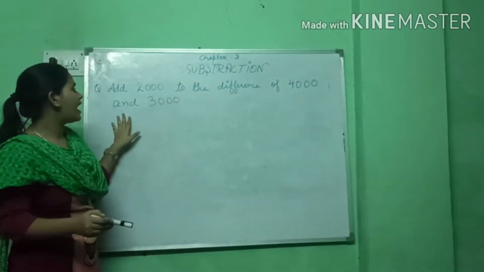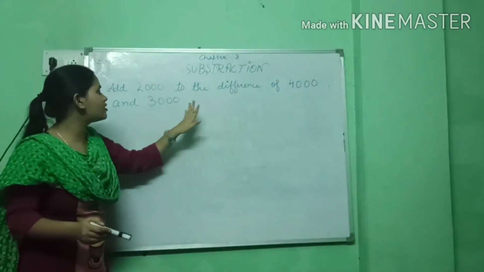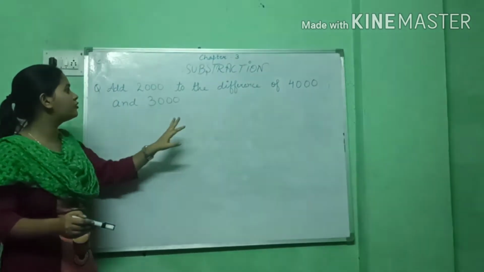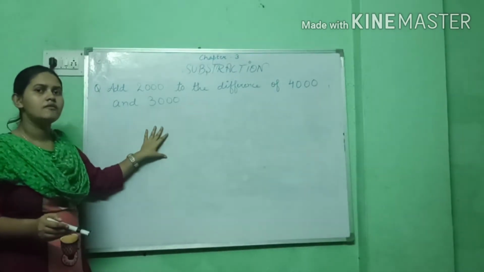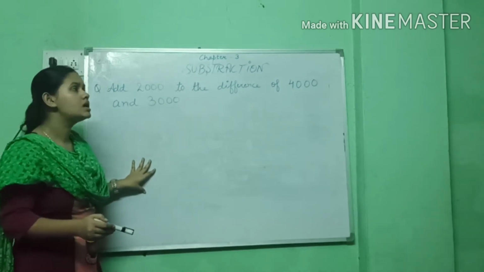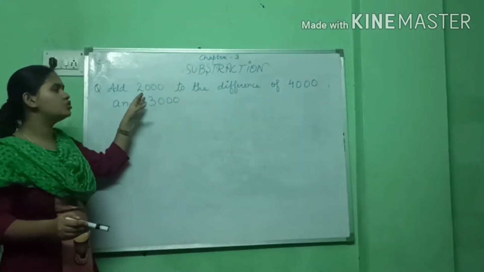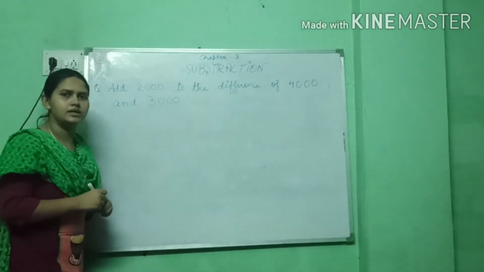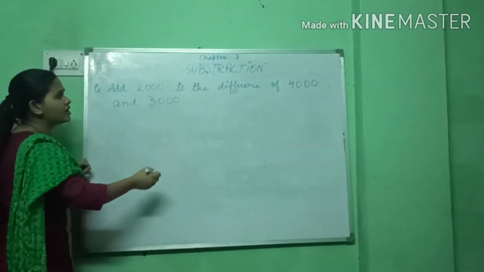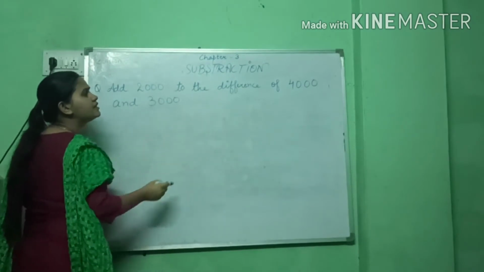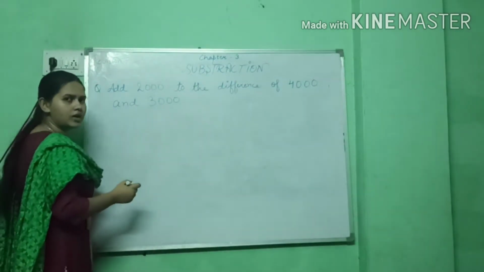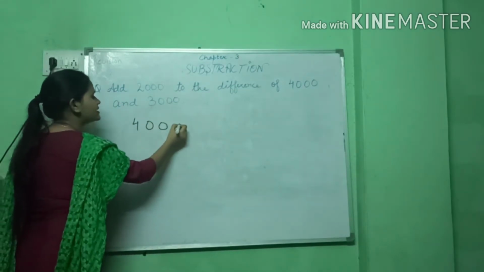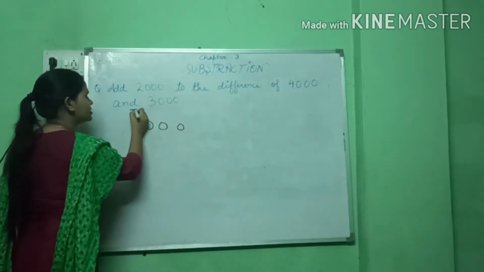When we minus 4000 and 3000, the answer, which means the difference between 4000 and 3000, is what we will then add to 2000. Now we will do it practically, right? We have to find the difference of 4000 and 3000.